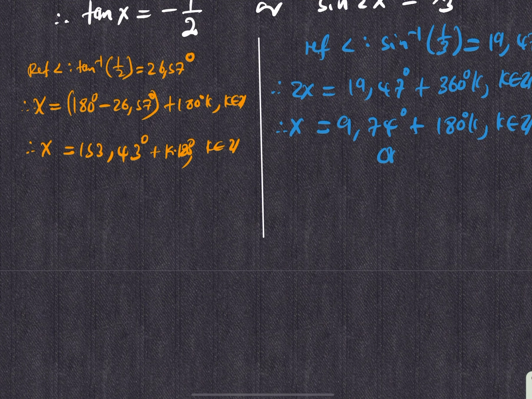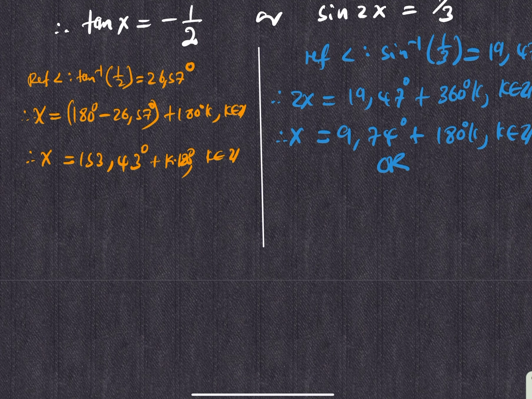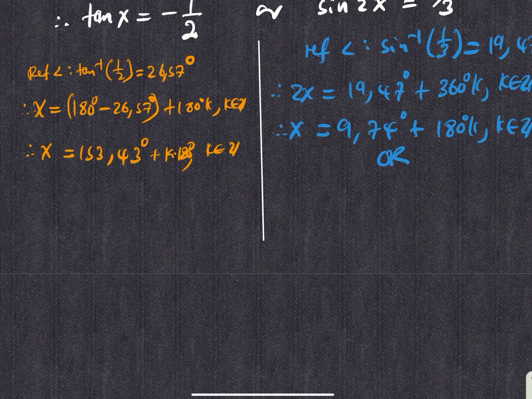So you're going to write "or" now. Where is sine positive? Sine is positive in the second quadrant.